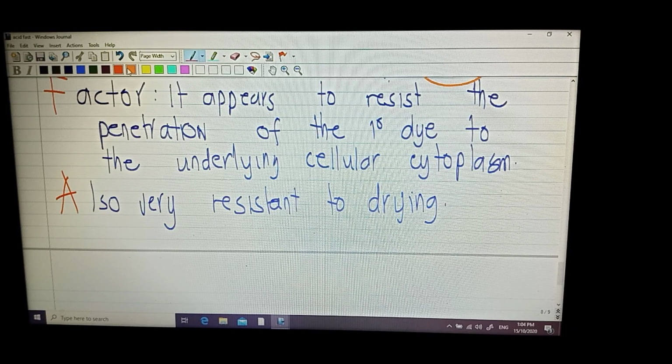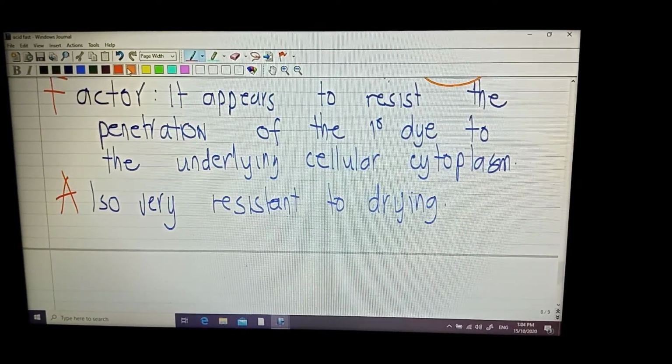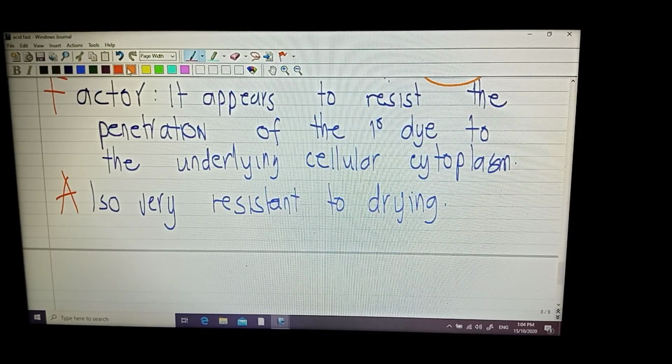Can you imagine? 6 weeks following contamination by a patient having a disease like tuberculosis. This characteristic appears to be related to the wax-like lipid composition of the cell wall associated with acid-fast bacteria.